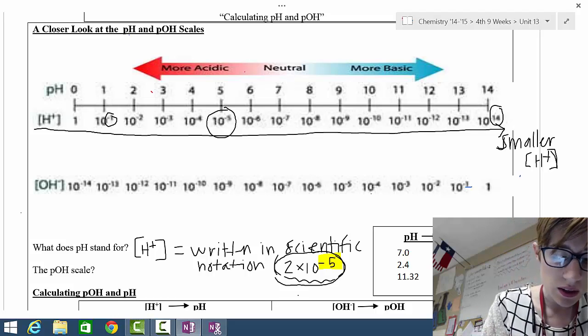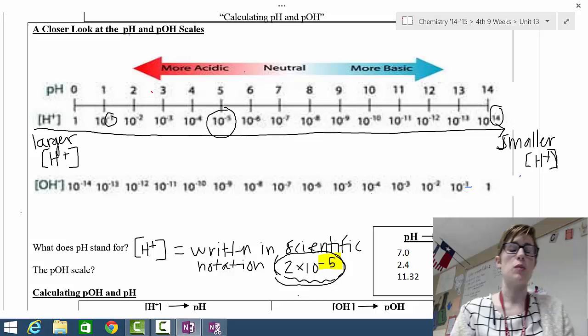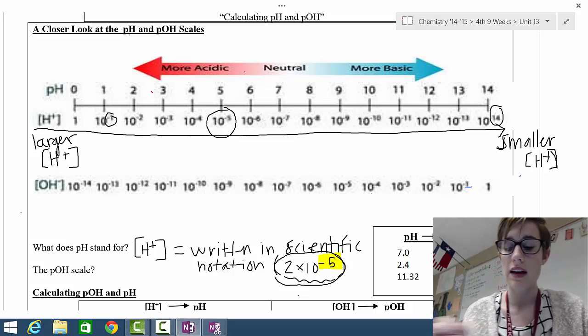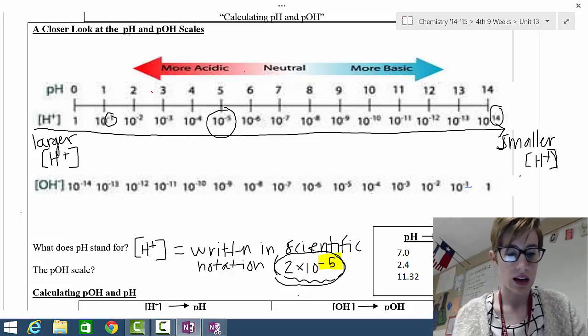And then on this side, we have larger concentrations of H plus ions, because our negative exponent is a smaller number. So we have more H plus on the left and less H plus on the right.